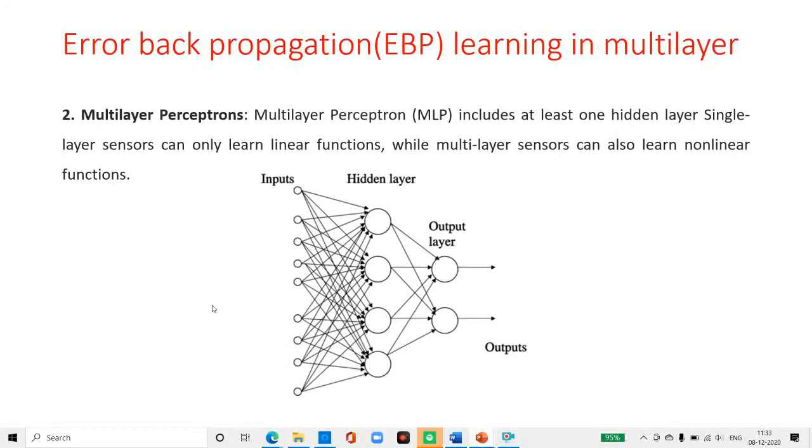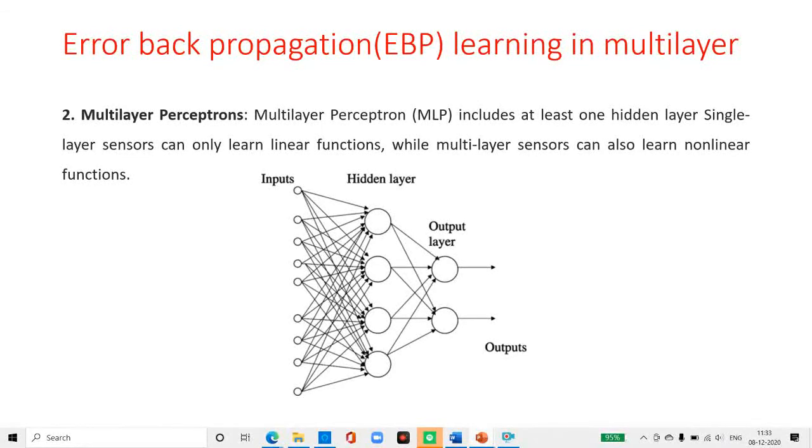And the next is the output layer. The output layer has two nodes that receive input from the hidden layer and perform calculations similar to the hidden layer. These calculated values y1 and y2 are the output of the multi-layer perceptron.